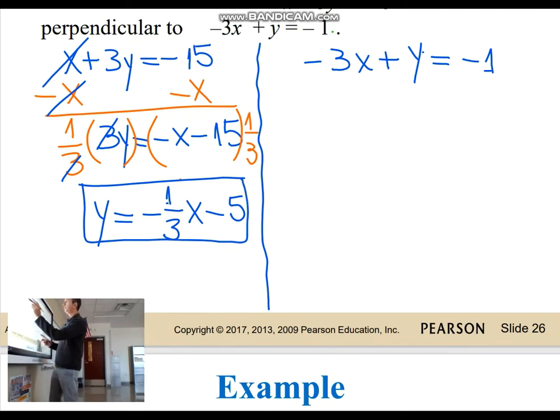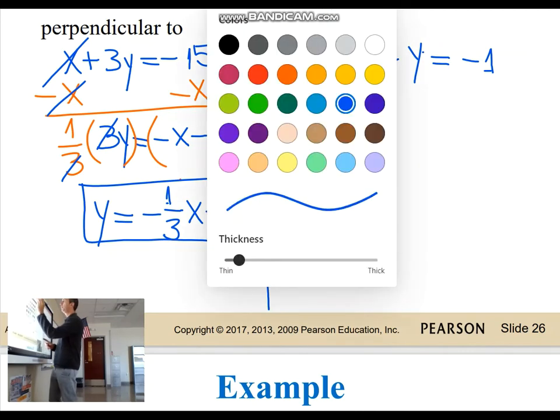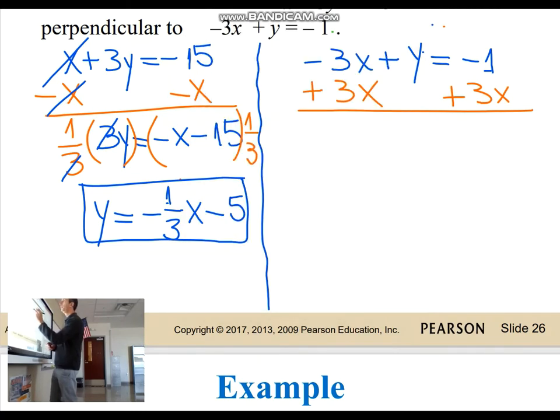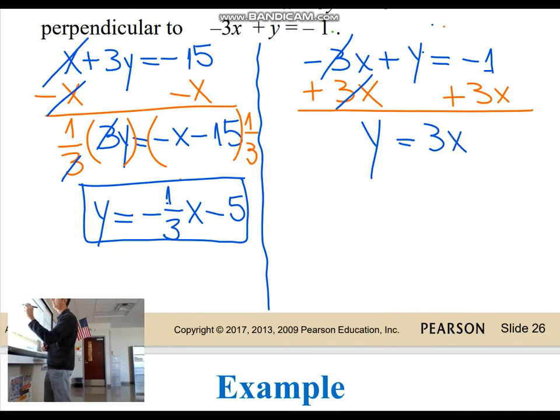Now let's find the slope-intercept form of the other one. Add 3x on both sides. So now you will have y equals 3x minus 1.